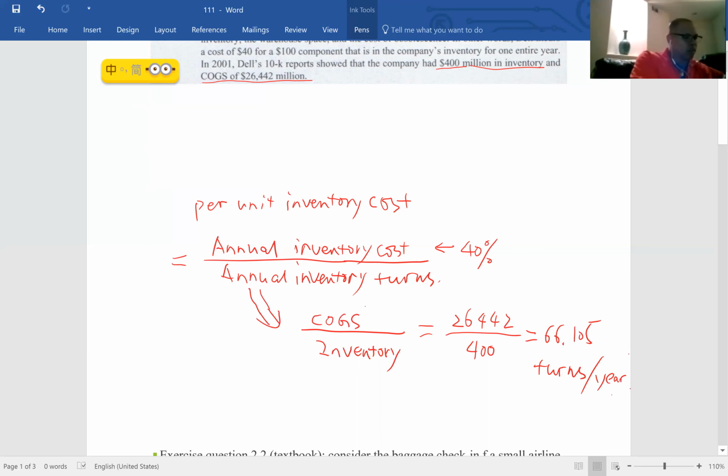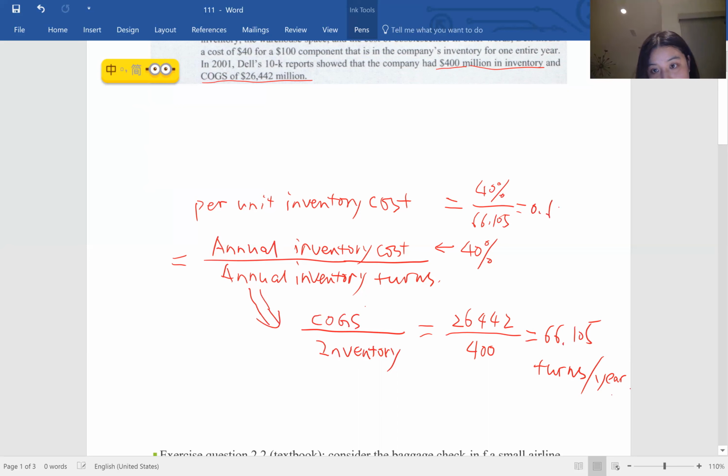And we plug in the number: 40% divided by 66.105. Then this equals 0.605% per year.